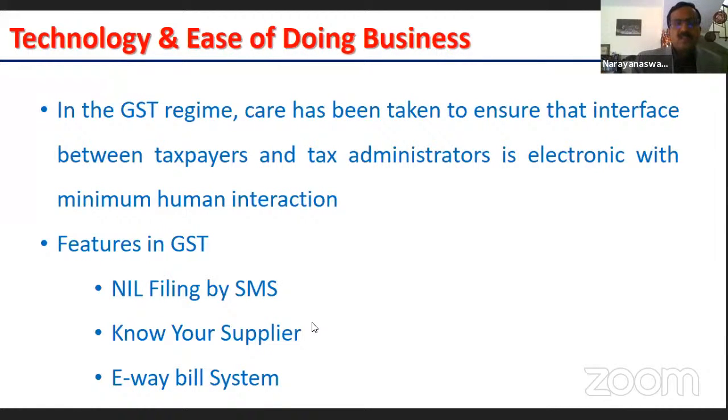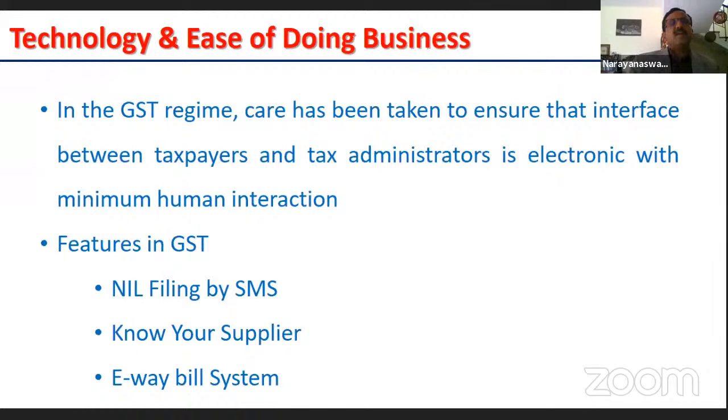Under the technology, there are features like, if I don't have any returns, I don't have to pay any taxes, I can send a simple SMS and the nil returns get filed. Kindly remember, for the purpose of records, the taxpayer has to say in some form or other that I don't have any clearances, I have no liability. Then only the officers, if they detect something subsequently, can take legal action.